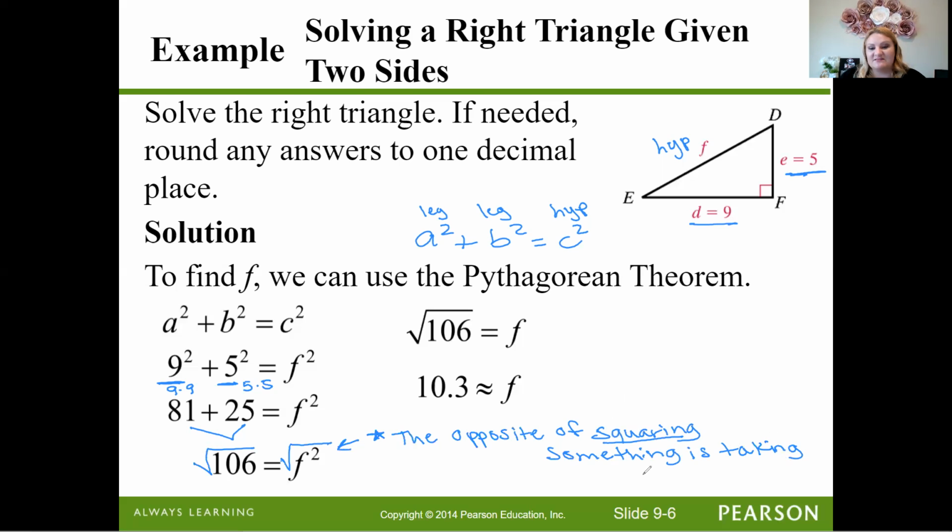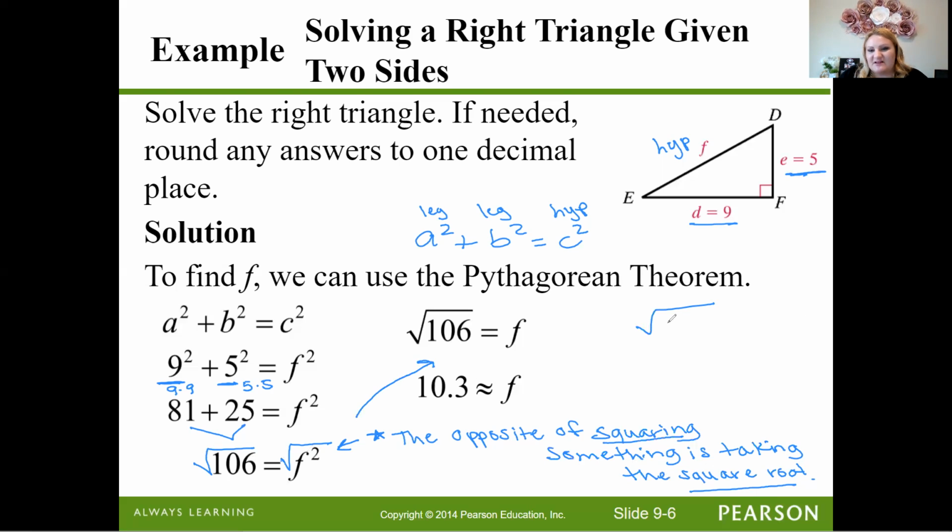So squaring is the opposite of square root. So that's definitely an important factor. So we squared it over here. If you square one side, you have to square the other side, and that's how you got that 106.